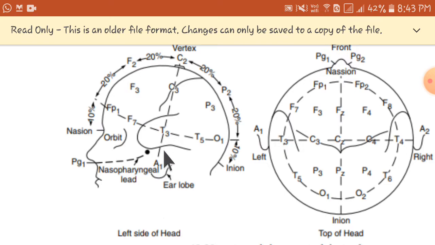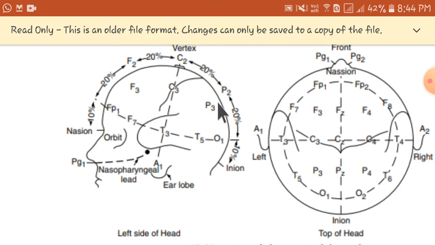The electrodes are arranged on the scalp, with 21 electrode locations. You can see FP1, F3, F2, C, P3, etc. This pattern of electrodes on the head, along with the channels they are connected to, is called the montage. The montage is always symmetrical on both sides.